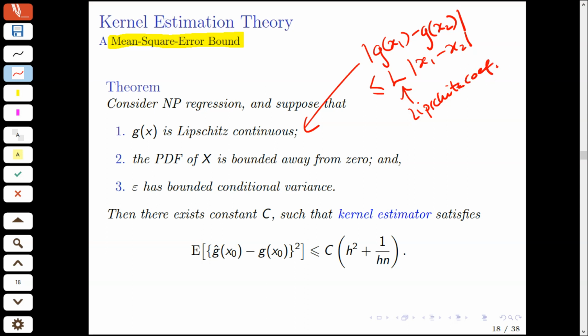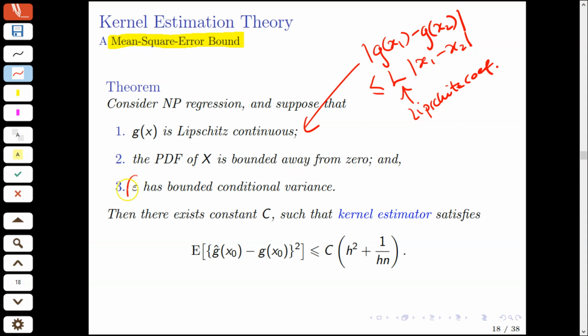Or Lipschitz constant. That was the first condition, stating that g is not only continuous, but Lipschitz continuous. Suppose also that the PDF of x is bounded away from 0. That is, x has density everywhere.